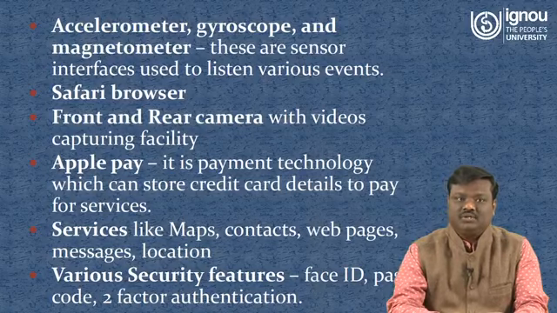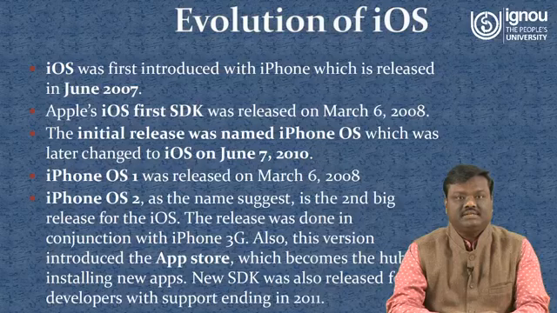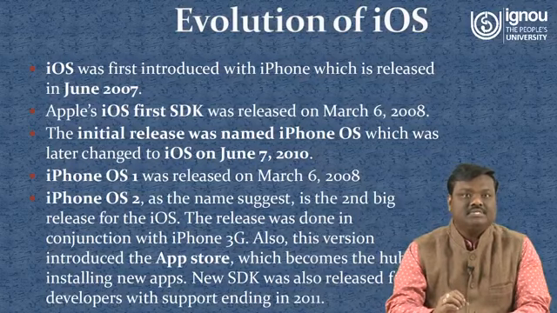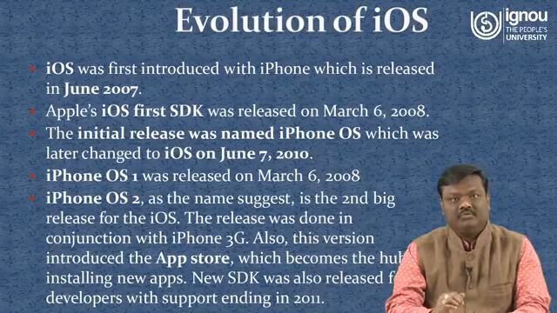Did iOS come into existence straight away? No. iOS was first introduced with the iPhone, which was released in June 2007. And at that time it was not called iOS, however, it was named Apple's iOS. Apple's iOS first software development kit was released in 2008.